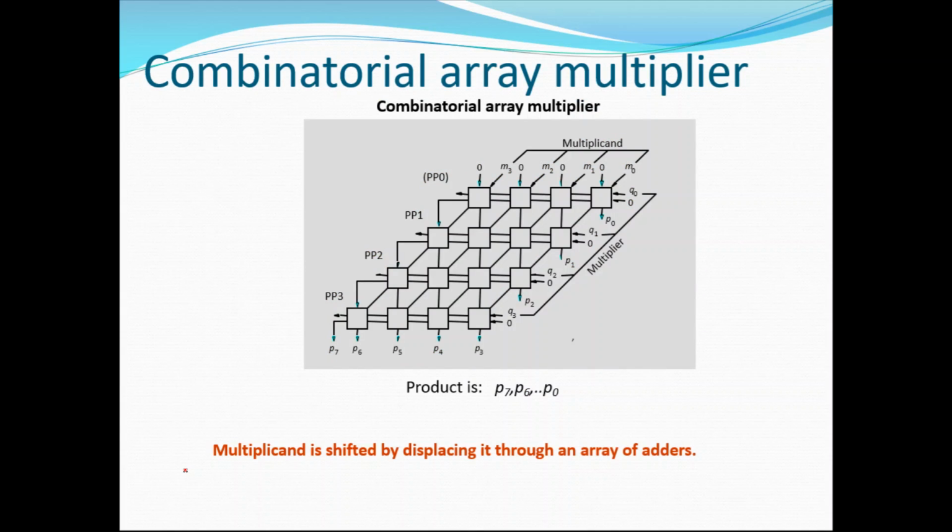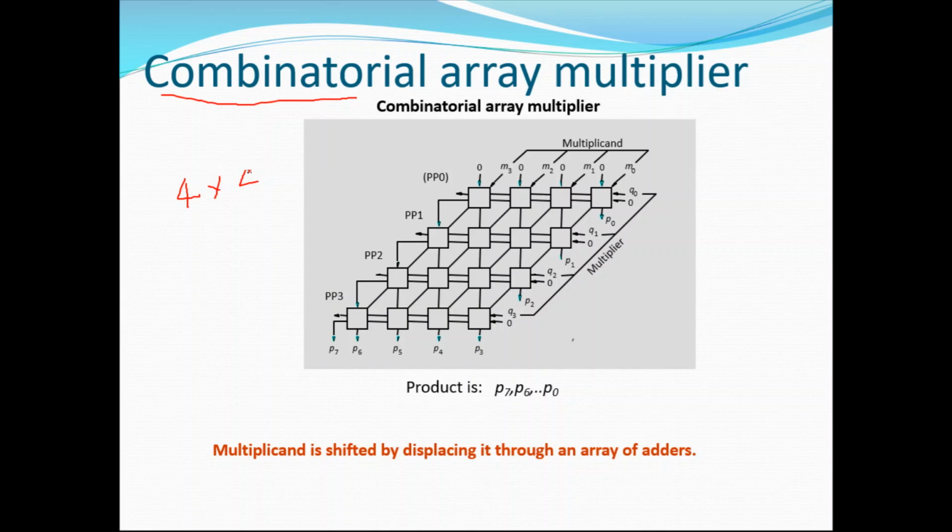If you see the hardware part, there is something called a combinatorial array multiplier. This is one way of implementing multiplication. It can be done by one type of multiplier, which is called a combinatorial array multiplier.